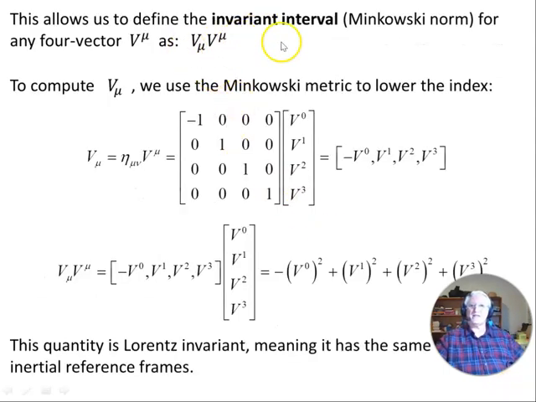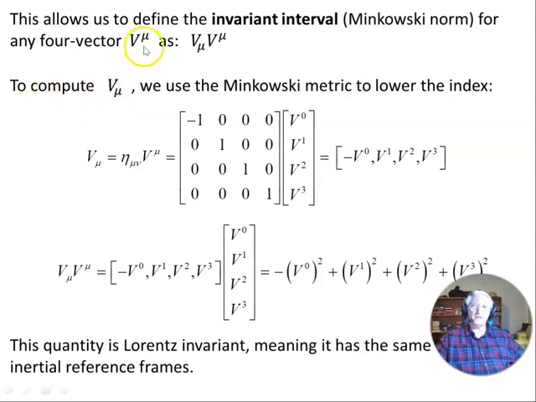So this allows us to define the invariant interval, meaning the same for all observers, the Minkowski norm for any four vector capital V mu as V covariant mu, the lowered index, times that. I have shown in other videos how this comes about using the metric to lower components and so on, and how we can find the magnitude squared. So I rely on a little bit of foreknowledge here.